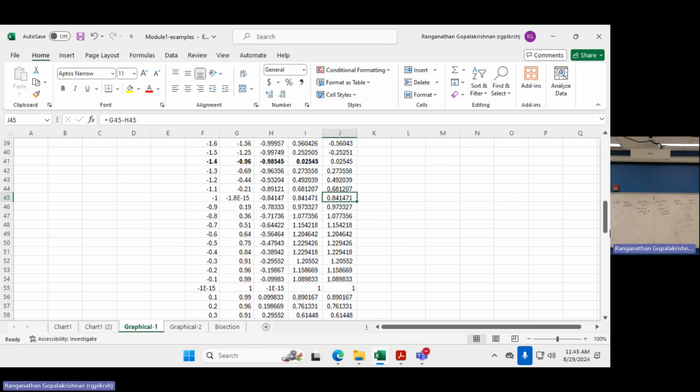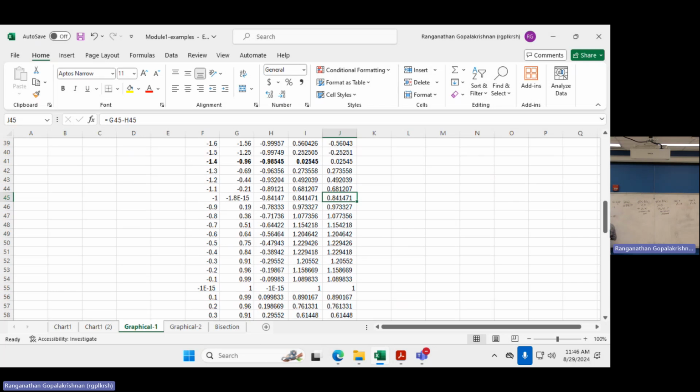Am I going too fast? Is that a yes? No? Because once you figure this stuff out, it's so easy to do the next step. Okay, so stop me if you need. All right. x naught is a plus b by 2, minus 2 plus minus 1 divided by 2, which is minus 1.5.